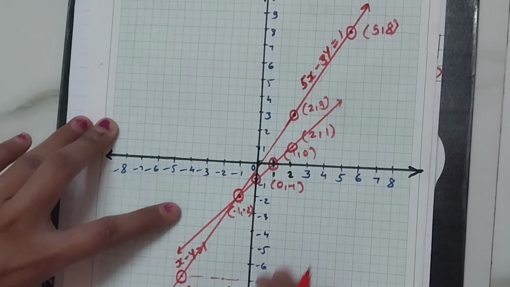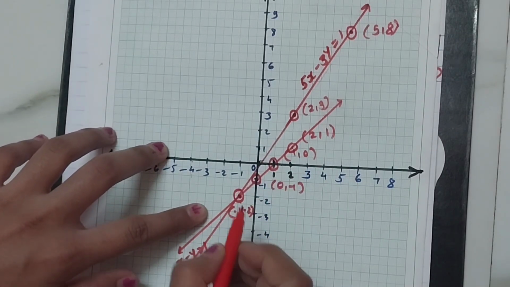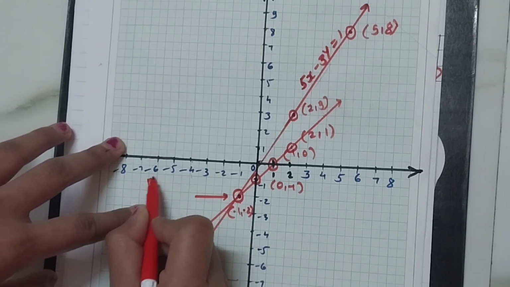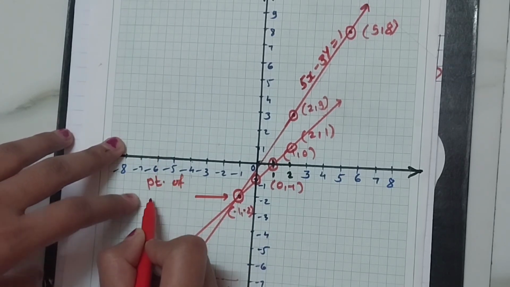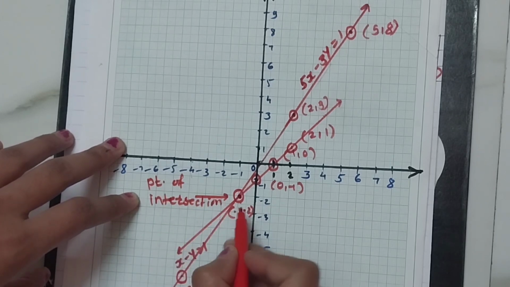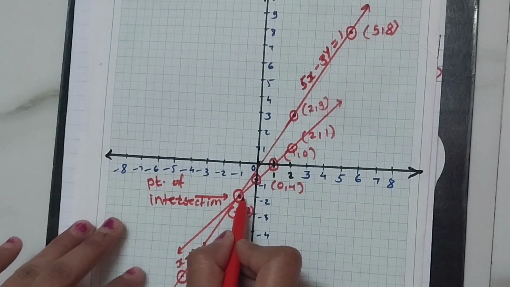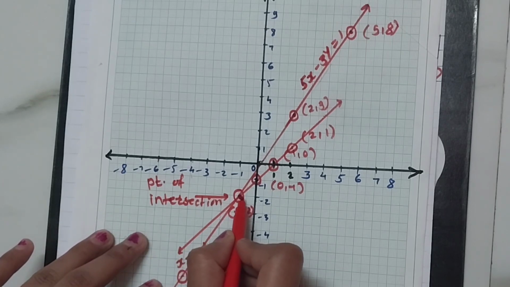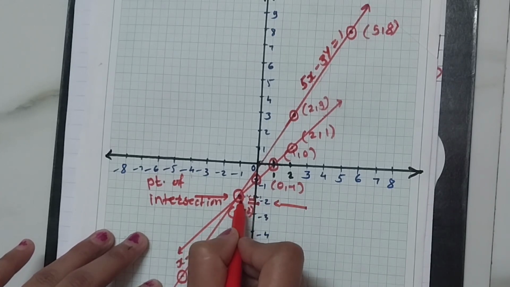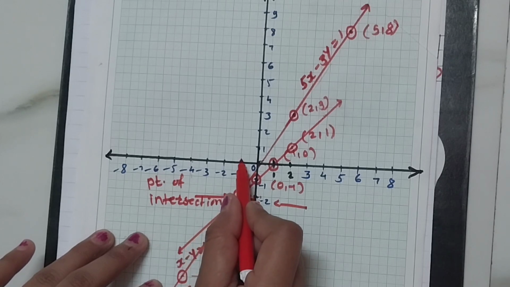So these two lines intersect at this point, and this point is called the point of intersection. और इस पॉइंट ऑफ इंटरसेक्शन के जो कोऑर्डिनेट्स हैं वो भी हमें एक्टिविटी में फाइंड करने के लिए कहा गया है. तो इसके कोऑर्डिनेट्स क्या होंगे? y is minus 2 and x is minus 1.